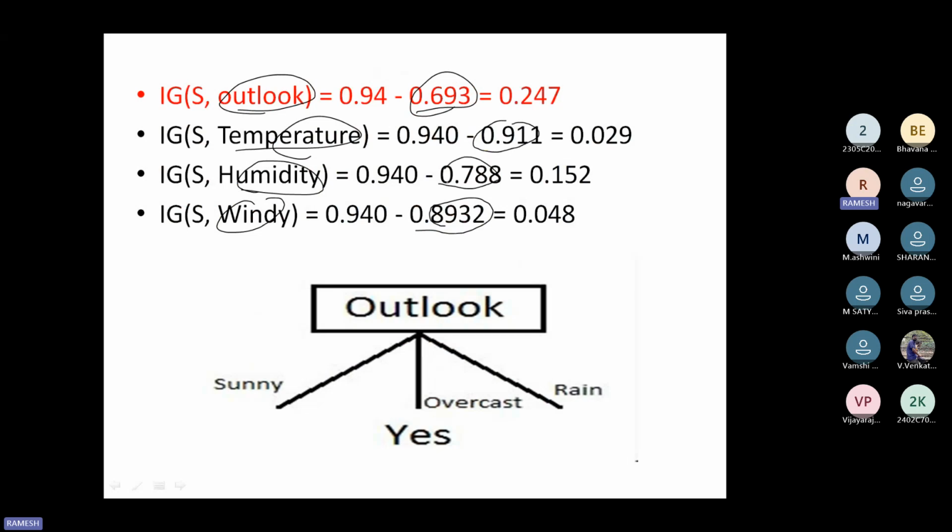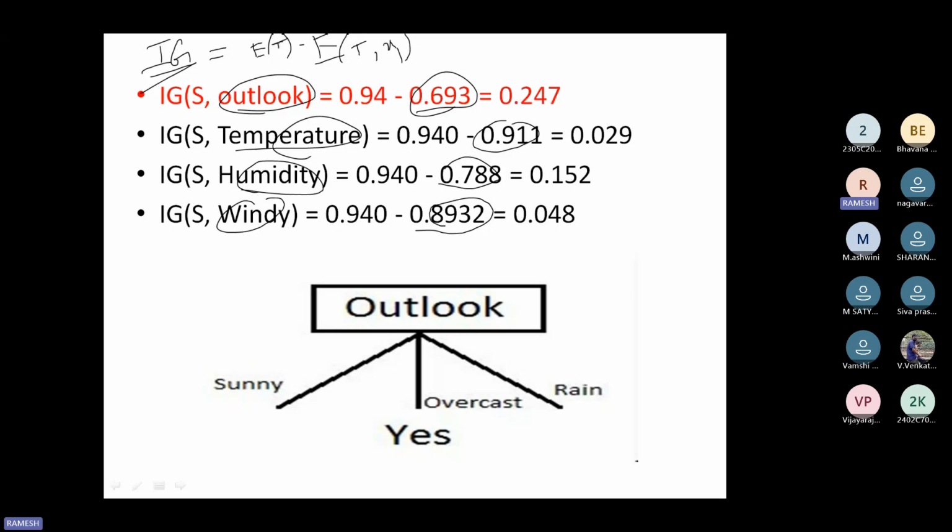After calculating the entropies of each and every column, now we are going to calculate the information gain. This is the process of information gain calculation. That is, information gain is the entropy of the target value minus the entropy of the target with respect to individual features.